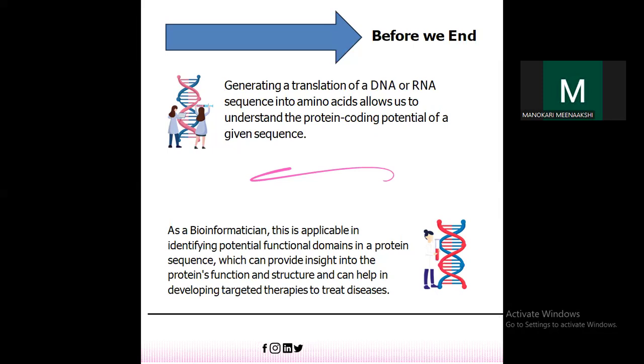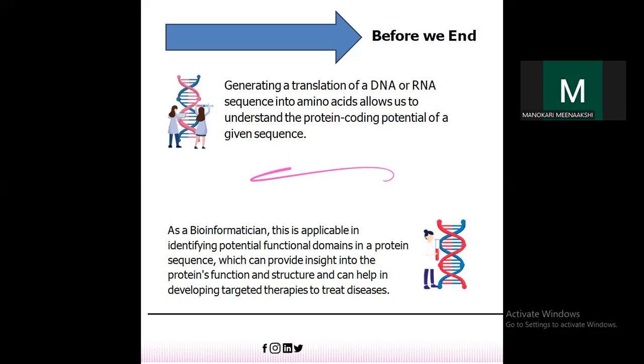As a researcher, a bioinformatician, or an analyst, we have to identify the potential functional domains of a particular protein sequence. For example, if you are taking a disease like cancer, you isolate a protein, identify potential functional domain sequences, and work with gene expression.